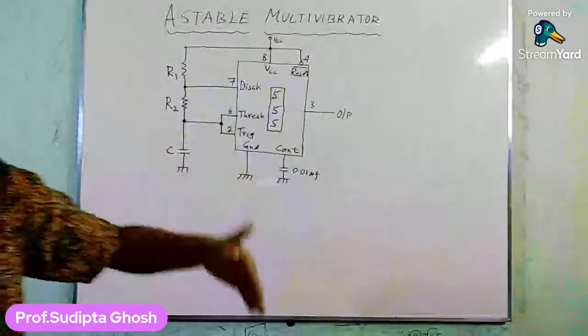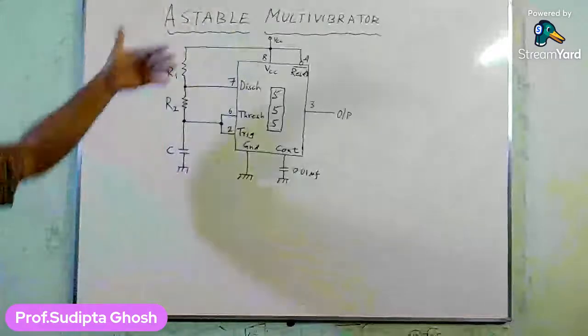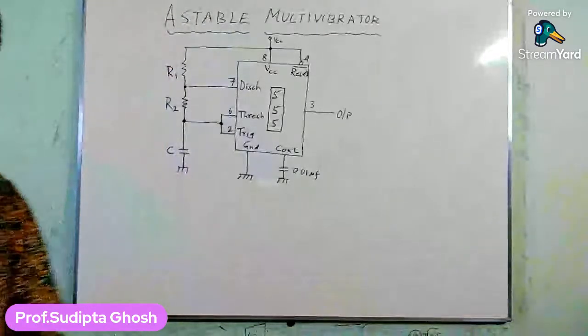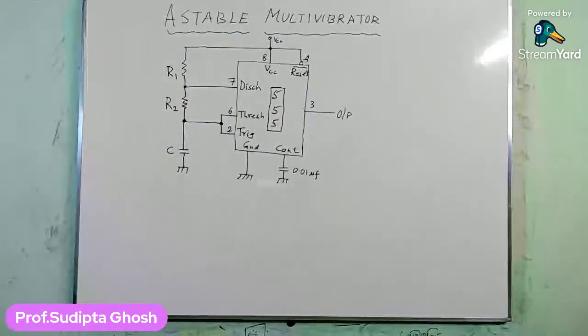Now as the capacitor is charging towards the value of VCC through the resistors R1 and R2, the time constant of charging will depend upon the value of R1 plus R2 into C. Not only RC, but the value will be R1 plus R2 into C. The resistance will be R1 plus R2, that is the series resistance, as these two resistors are connected with each other.